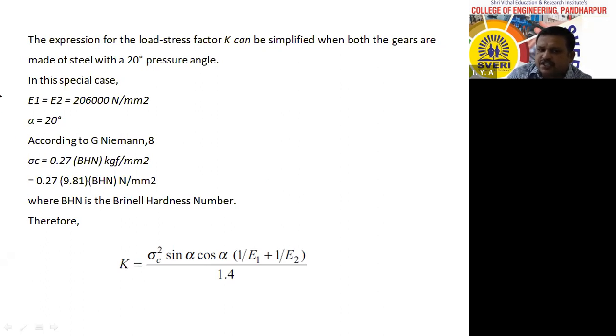Therefore, according to G. Niemann, sigma C is equal to 0.27 BHN in kgf per mm square, or sigma C is equal to 0.27 into 9.81 into BHN. BHN is Brinell hardness number, Newton per mm square. Therefore, K is equal to sigma C square sin alpha cos alpha into bracket 1 upon E1 plus 1 upon E2 divided by 1.4.